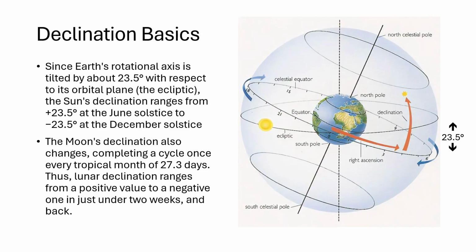Declination then comes off the celestial equator, either to the north or the south. So during the summer, you have the sun on the northern declination in the northern hemisphere, sun on the southern declination in the winter, and the reverse if you're south of the equator.